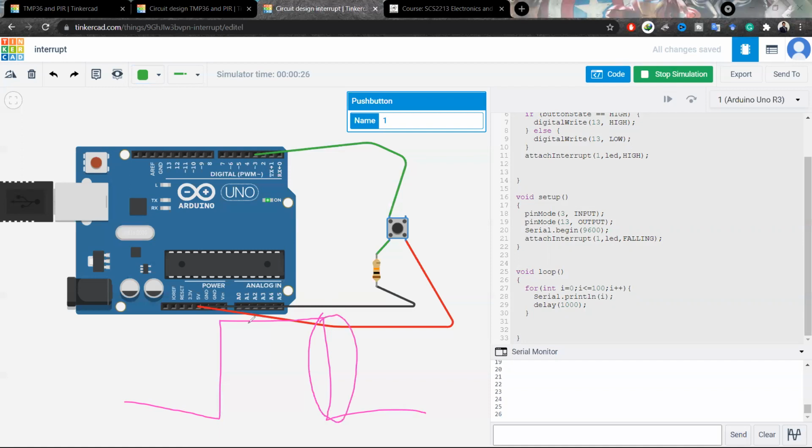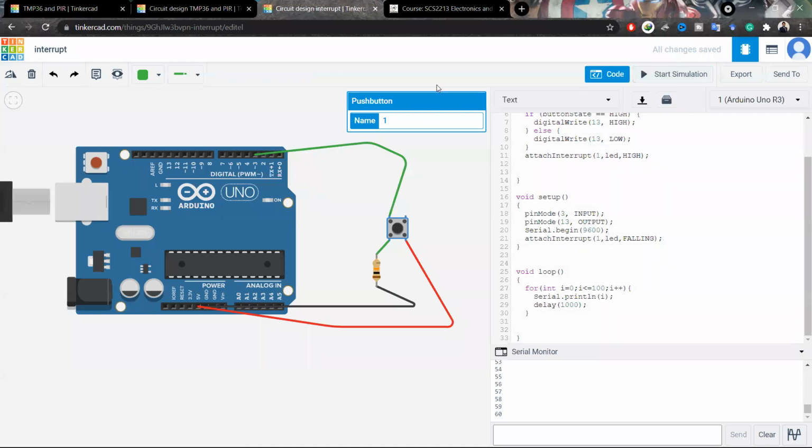At the very beginning, it occurred whenever it felt the high voltage. Then with rising, it calls the function every time the signal is rising. After that, if you put falling, it will call only at this point. We can't see the difference because these things are executed very fast.